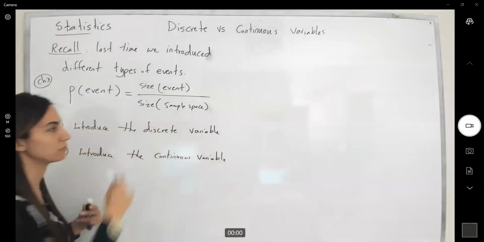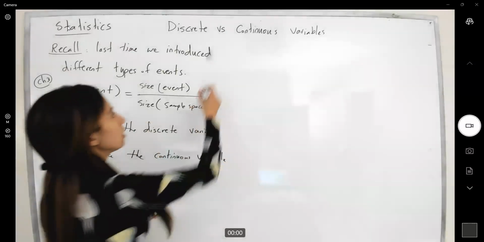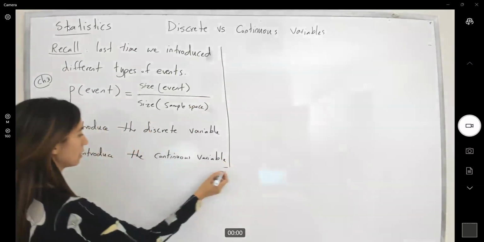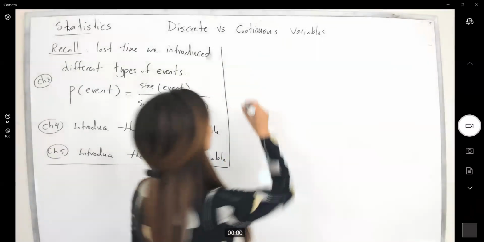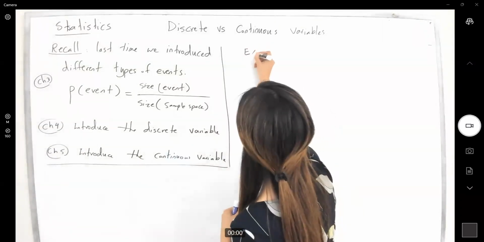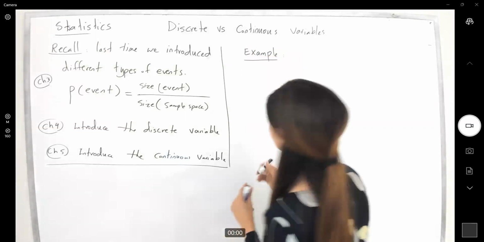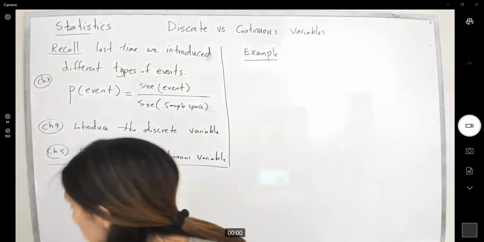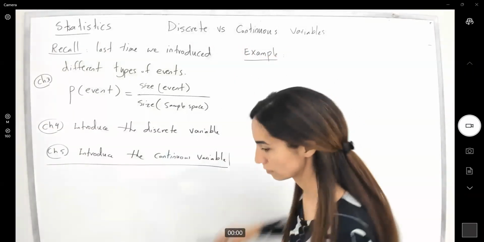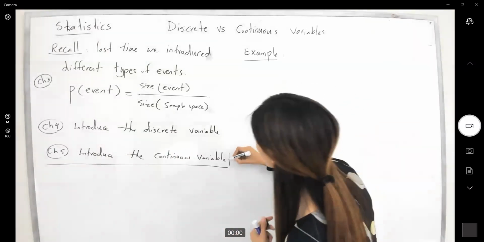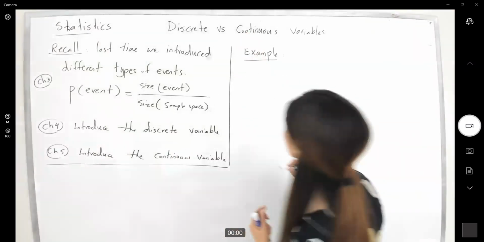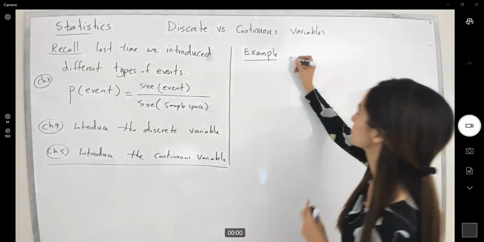What's the difference between these two? Let me start by giving you one example. What is the difference between the following variables?